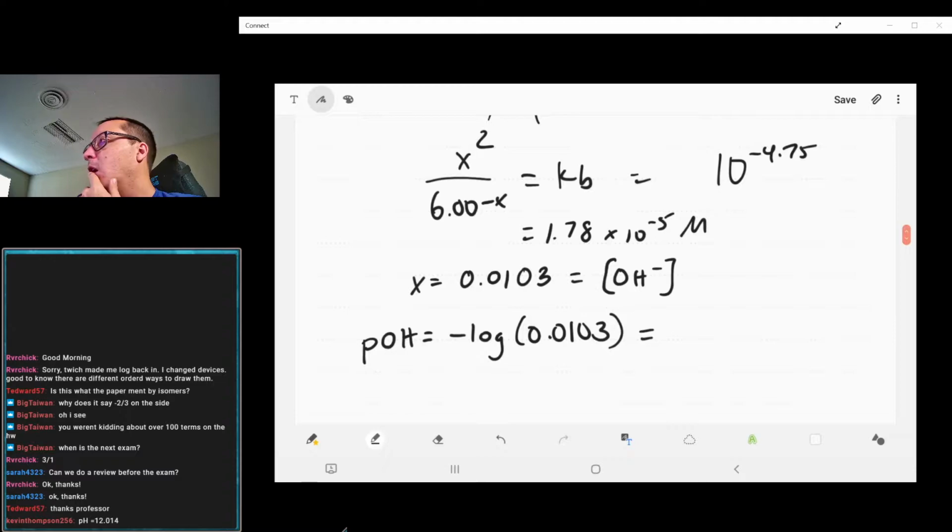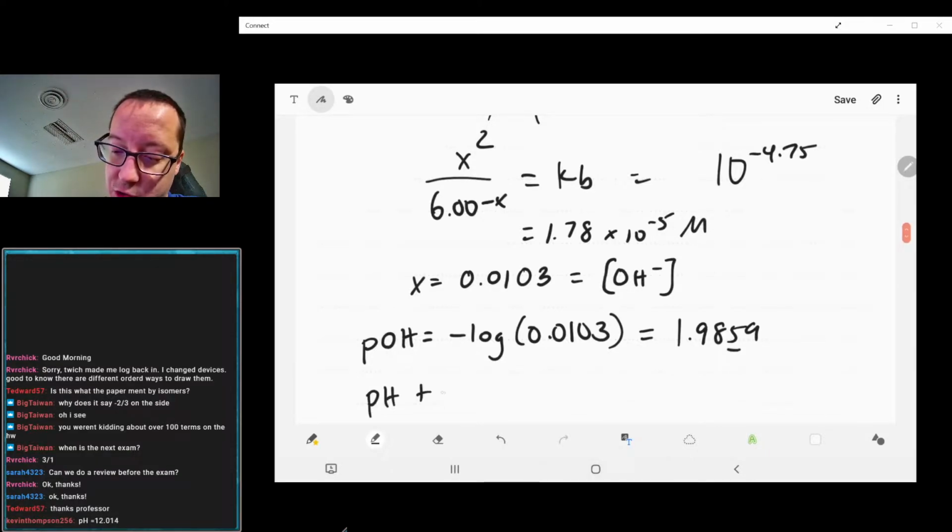Negative log of the answer is going to be 1.9859, whatever, 3 sig figs. And for pH, remember pH plus pOH is 14.